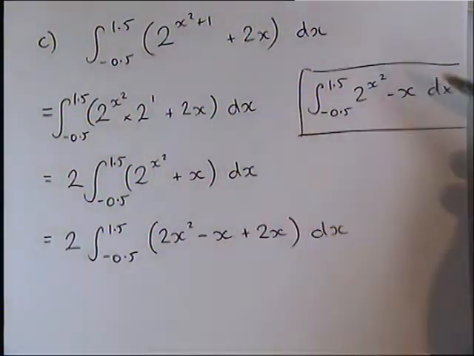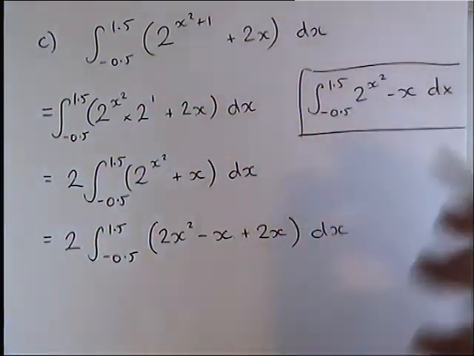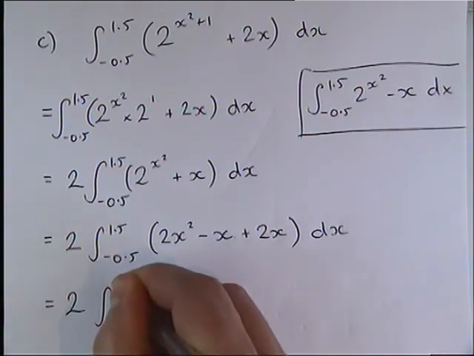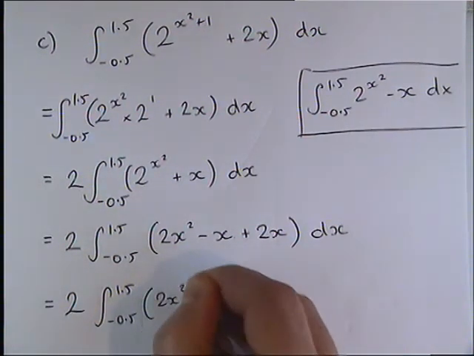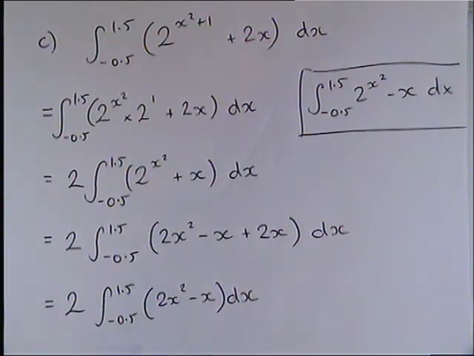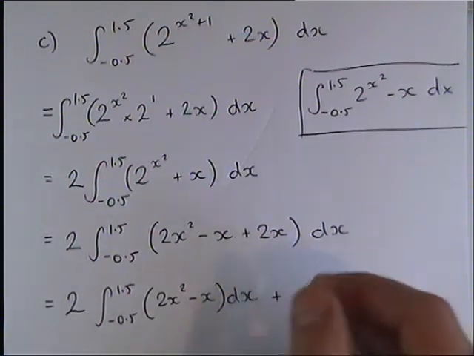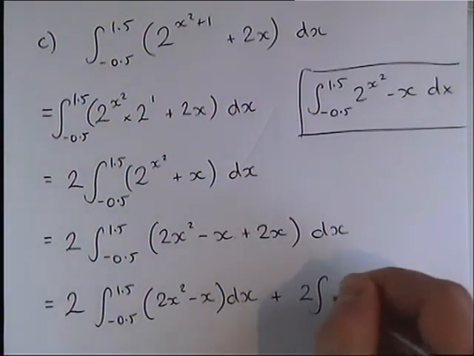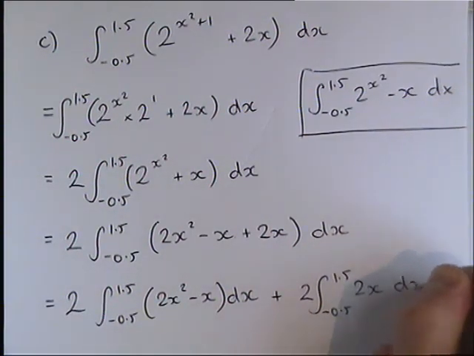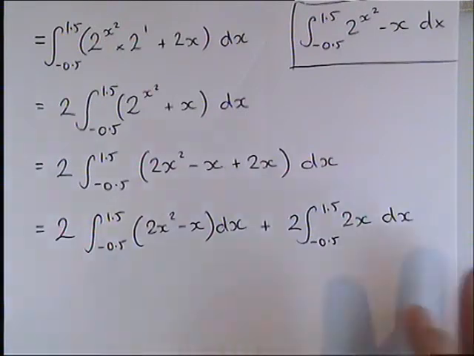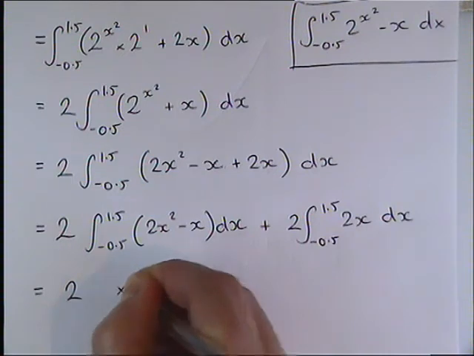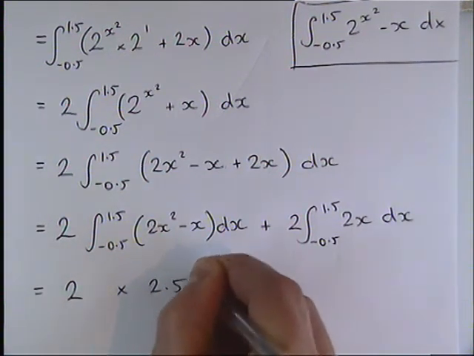Now, the whole point of writing it in terms of the answer to part A was that we can separate that off. So we've got two lots of minus 0.5 to 1.5, 2 to the power of x squared minus x. So that's our answer from part A. So double the answer from part A. Then you can see plus this 2x still needs to be integrated. So it's two lots of the integral of 2x dx. So this one, two lots of, what did we say it was, 2.58.